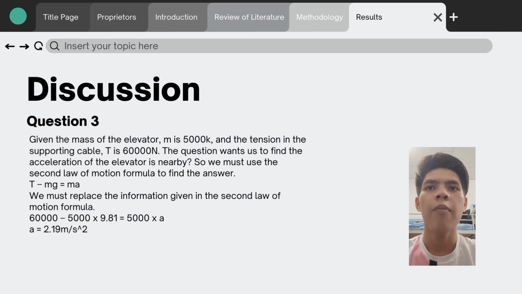T minus mg equals ma. We replace the information given in the formula. So 60,000 minus 5,000 times 9.81 equals 5,000 times a. So a is 2.19 m/s².